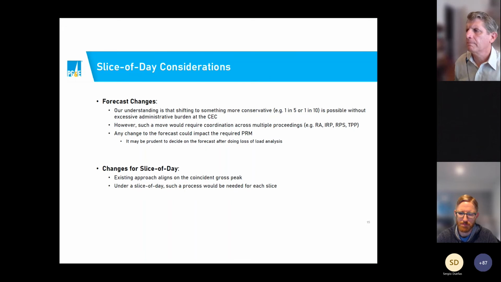So we've been advocating, and I think we put most of our written comments in the IRP, so I'll just summarize here that it's worthwhile thinking about these two different programs, RA and IRP, potentially having different PRMs, with the IRP having a slightly higher PRM for just planning purposes, such that we end up harnessing these very large projected build-outs of new resources to refresh the overall fleet.